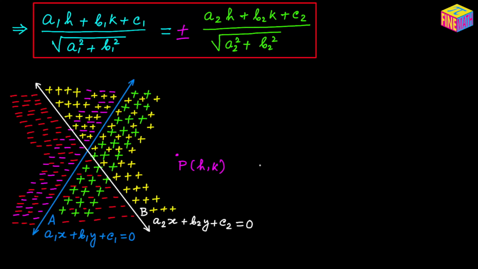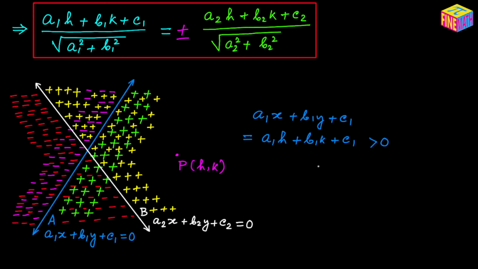Well, the left hand side expression of straight line A equation is a sub 1 times x plus b sub 1 times y plus c sub 1. And if we plug in the coordinates of P in place of x and y, then this is going to become a sub 1 times h plus b sub 1 times k plus c sub 1. And because P is on the positive region of the straight line A, this value will be positive.